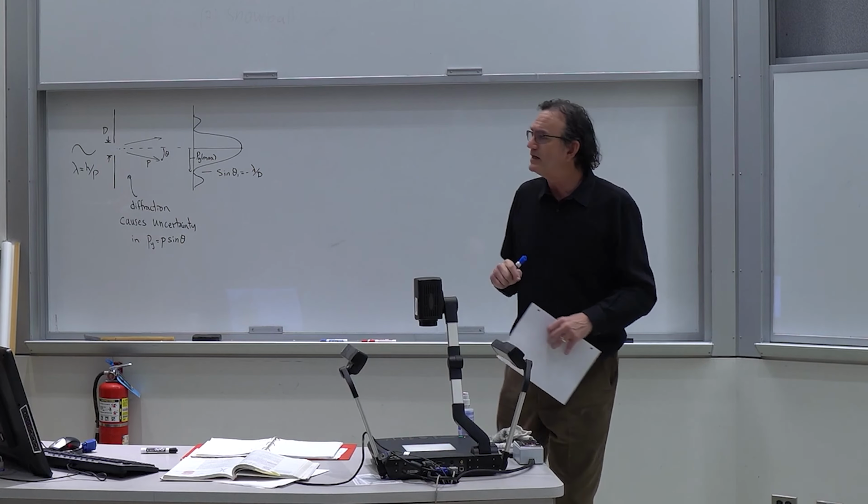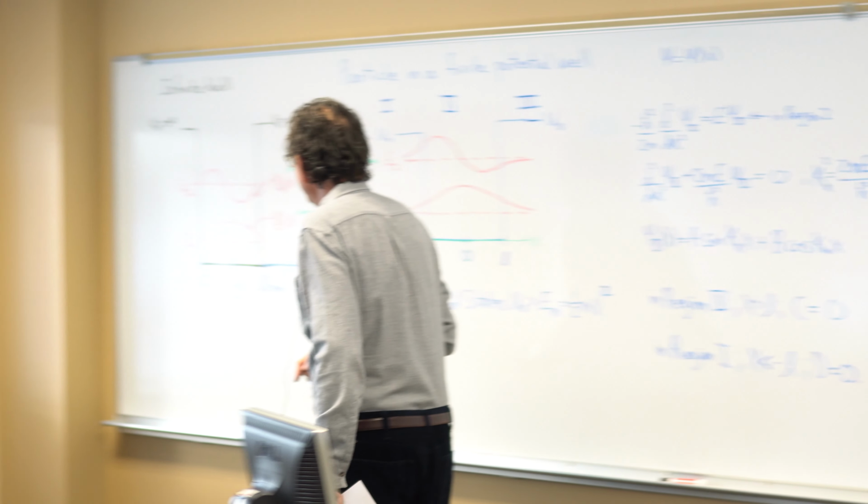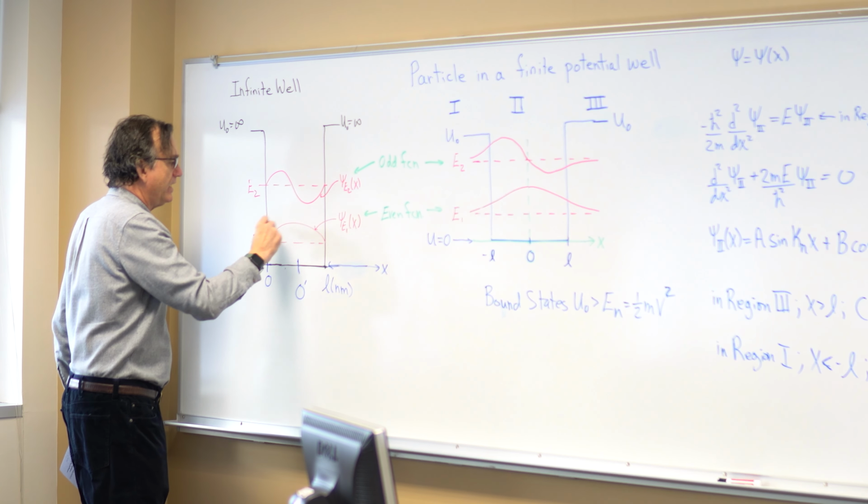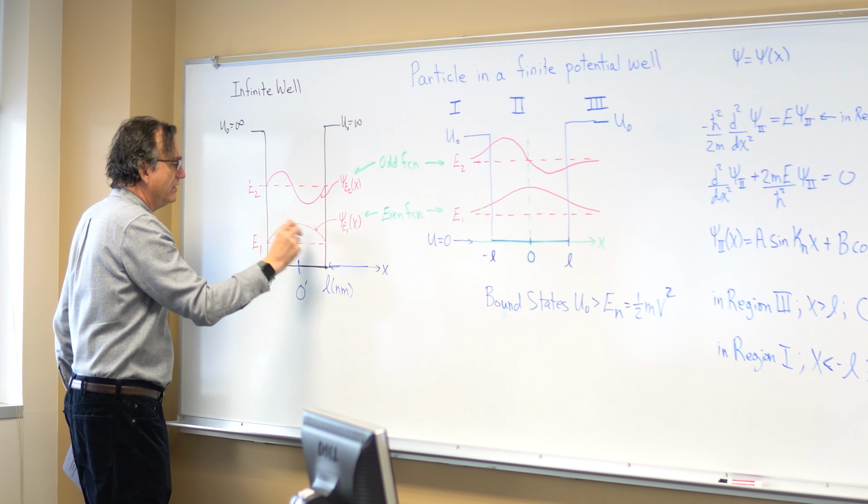Right? Using this, the way that we're going to incorporate that is that they're even if C equals D, and they're odd if C equals minus D. So I'm going to choose my condition for whether the function is even or odd by saying that D is equal to minus 1 to the n plus 1 times C. So in other words, if n is equal to 1, this is an even function, and I get that because, at least for the infinite well, I get the half sine wave curve, and that is an even function.